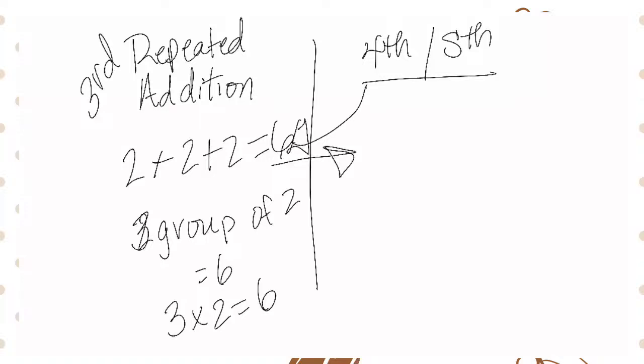So back to my iPad. In fourth grade, in fifth grade, they should be able to understand that 3 times 2 equals 6. Now, an effective strategy, if you want to connect it, I use a T-chart, and some people call it ratio tables.